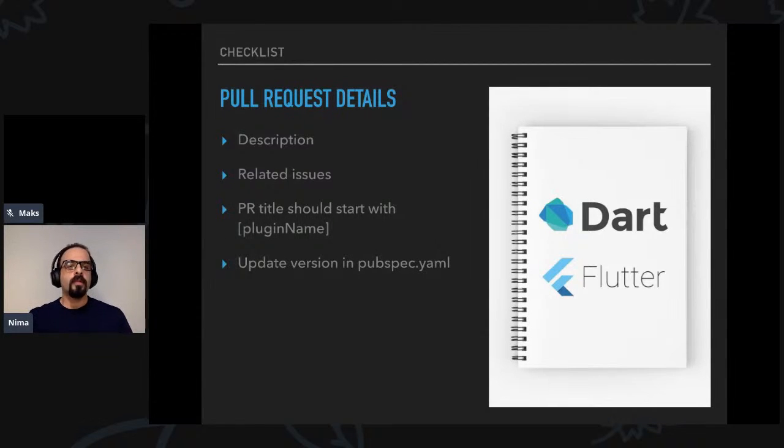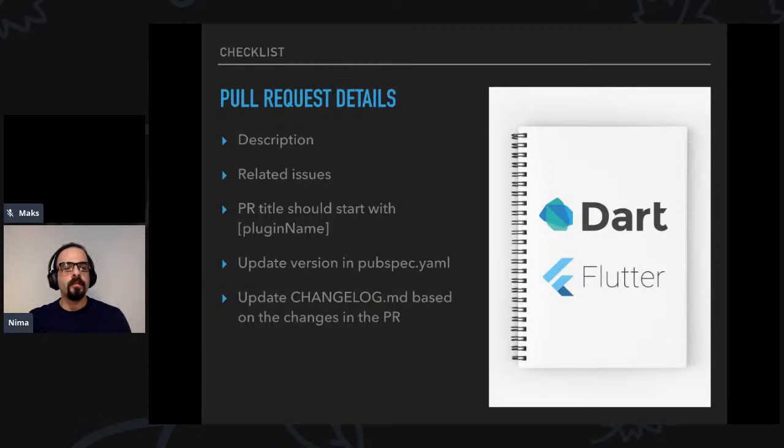Then you need to make sure that you update the version in the pubspec YAML. It should be based on the manifest of the versioning, which has its own documentation, but it should show that this change will increase the version to, for example, .2 or something like that.